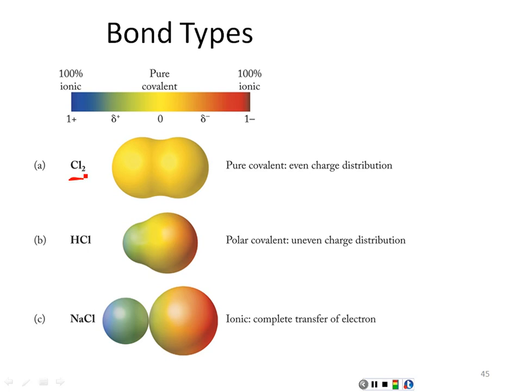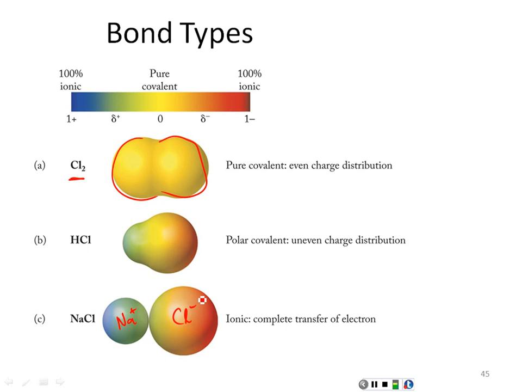And we see that they share the electron. This electron cloud is shared evenly between the two. The bottom example is a pure ionic compound, sodium chloride, where we have a complete transfer of electrons. So we have a sodium cation and a chlorine anion. There's no sharing of electrons.